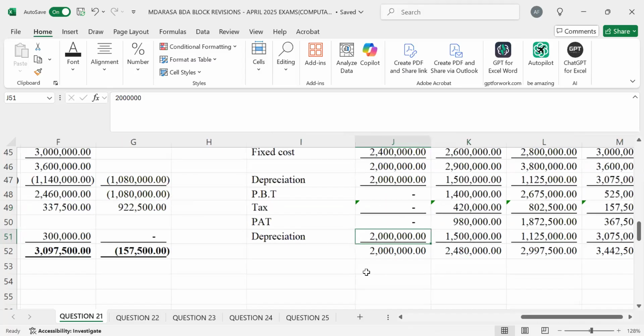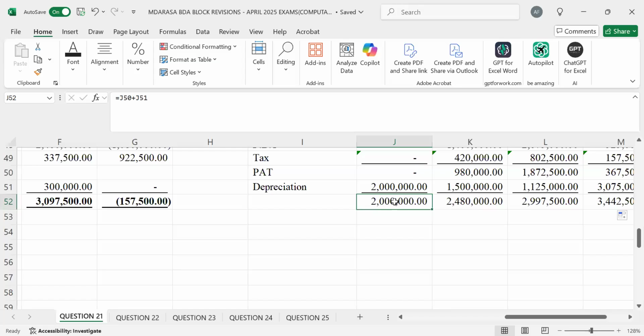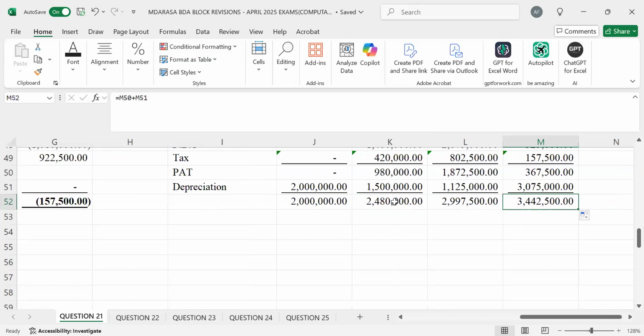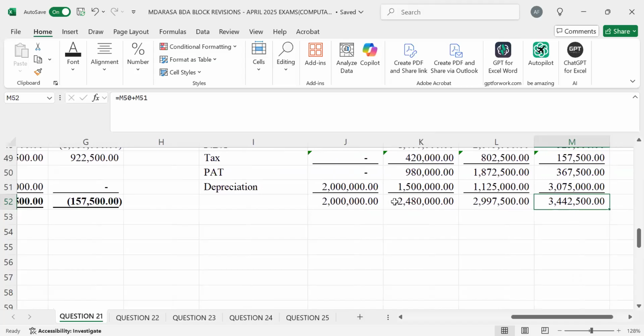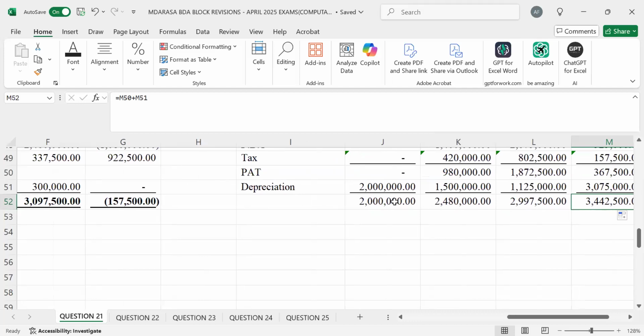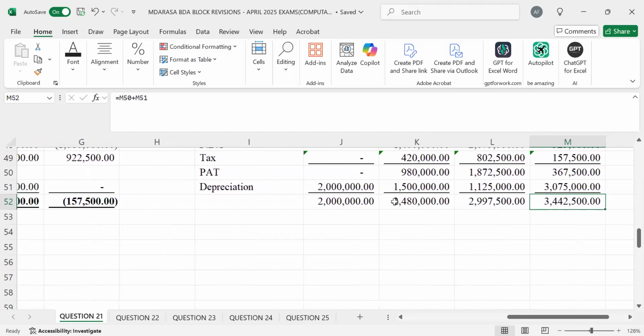So you'll find that if it was just any other question without the component of arrears, then these cash flows will just be the same if you use the component of depreciation tax shield. The tax rate will have just been the same. But because we have this case, you'll find that the carry forward component will have to affect you directly.